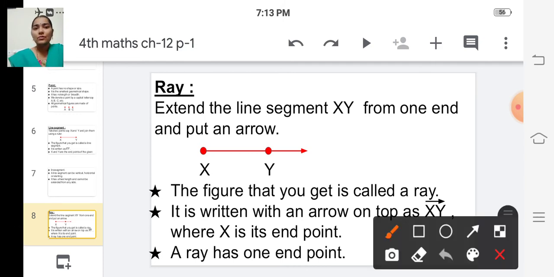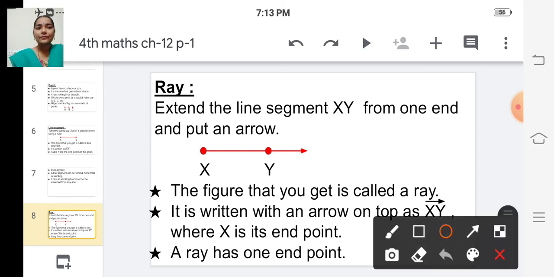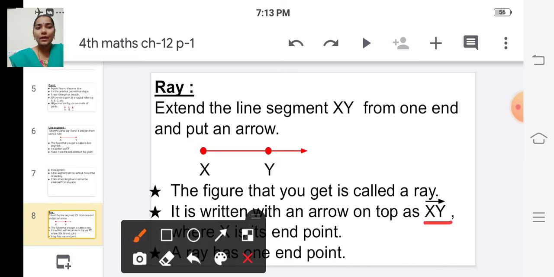The figure that you get is called a ray. It is written with an arrow on top like this, XY, and above it you have to put one arrow.